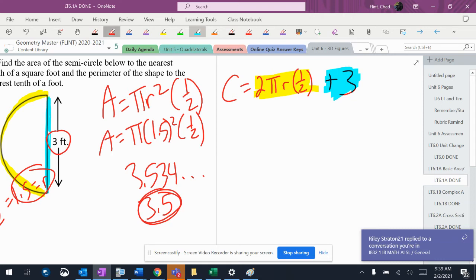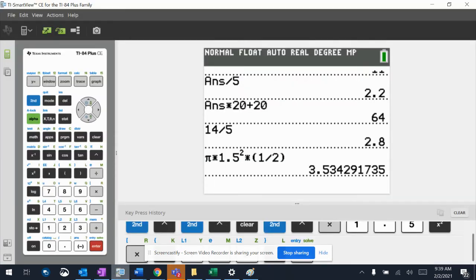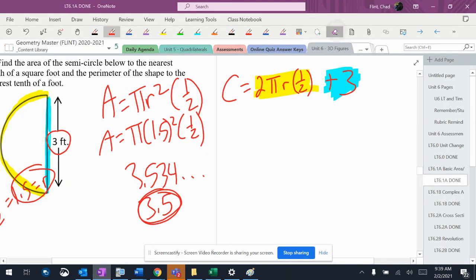Then I'm just going to put that exact thing into the calculator. I'm going to go 2 times pi times, and I think I didn't put the actual radius in there. I didn't. So I'm going to erase this and put 1.5 times a half.